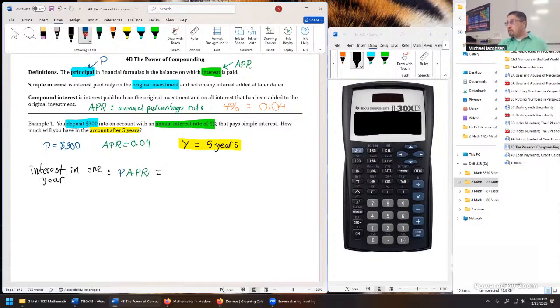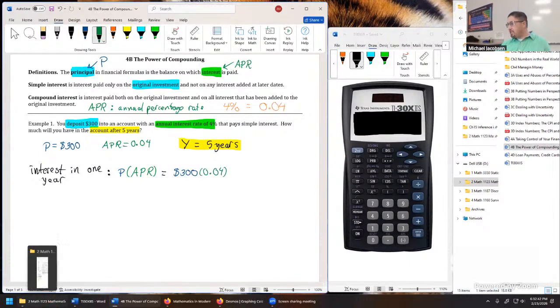and we get $300. Actually, I don't like the way I wrote that down. Let me just make that look a little bit easier to the eyes. Take P times the APR. Parentheses are a great way to say we're multiplying in the formulas we're about to use. So this will be equal to $300 multiplied by 0.04.